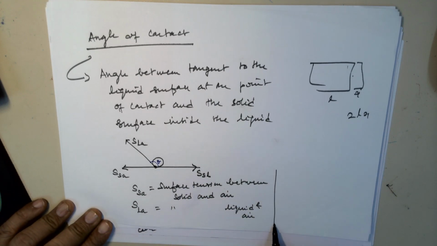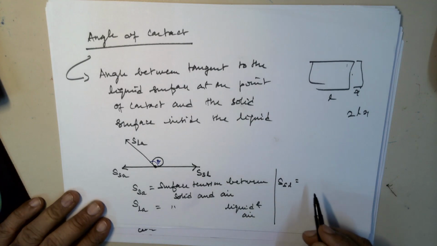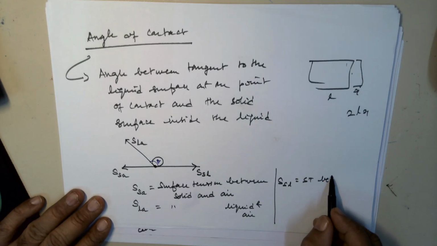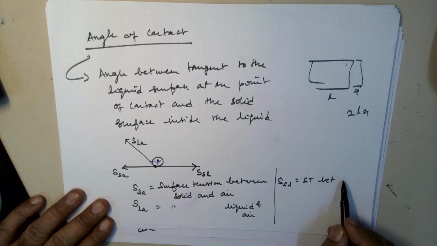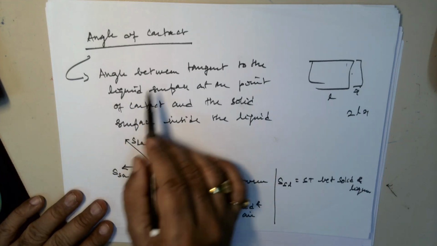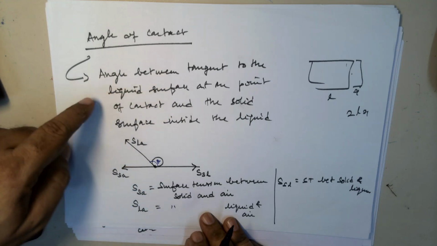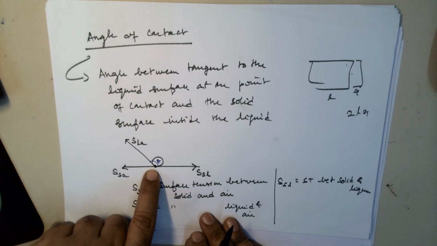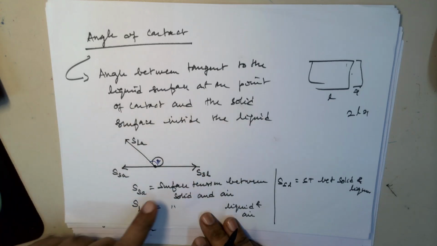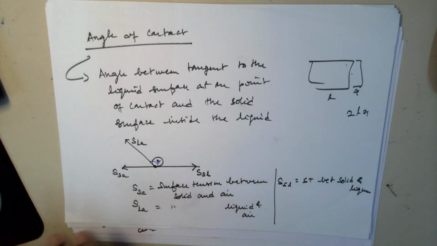It means surface tension SL is the surface tension between solid and liquid. Now go through once again. The angle between the tangent to the liquid surface at the point of contact and the surface inside the liquid, this one, is the angle of contact, theta.